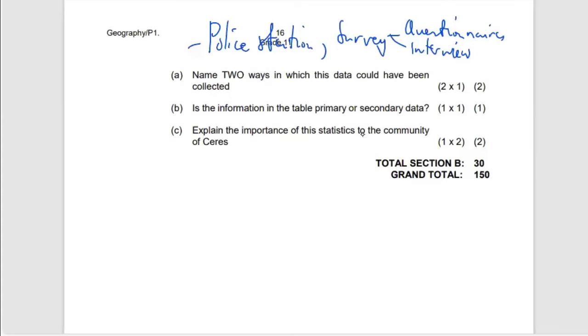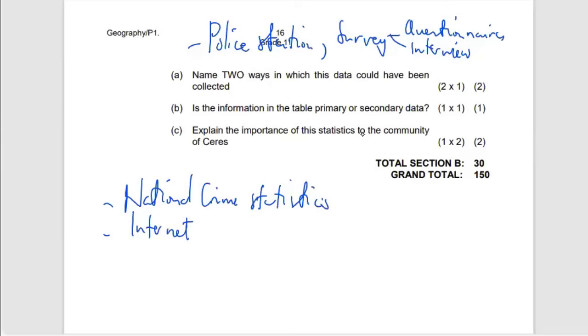Or we can also refer to national crime statistics. This is secondary information which is already provided, which you can easily access. And also we can use the internet and refer to Google to find out information about that.